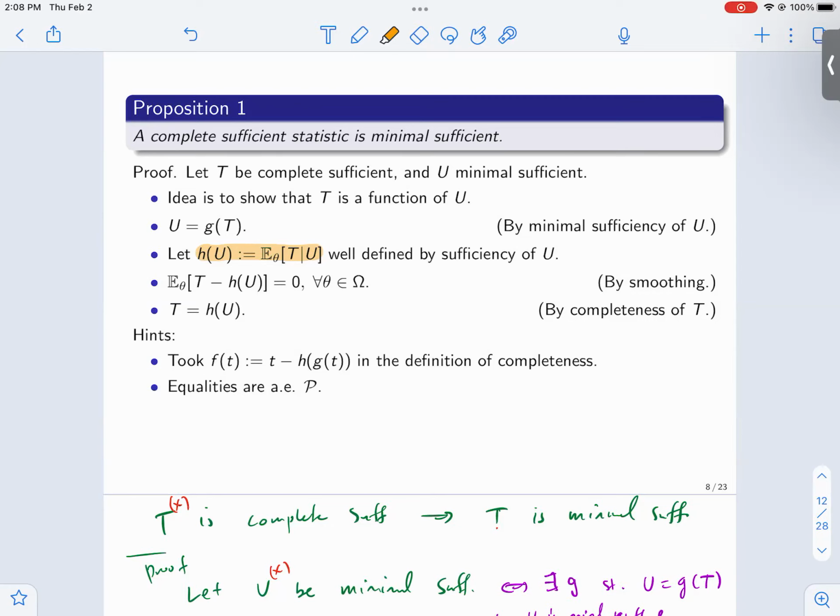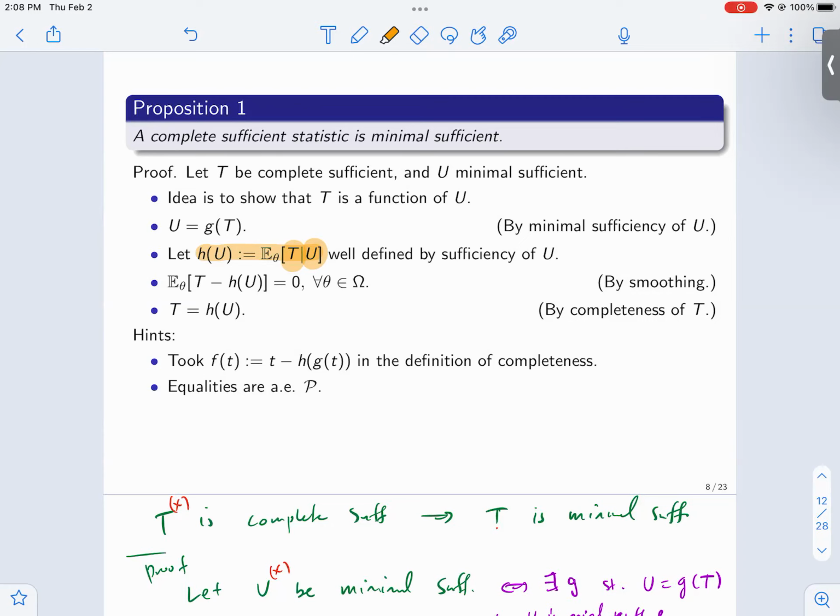So if I have u sufficient, and I condition some other statistic t on u, this is a valid statistic, which means it's just a function of data, not the parameter. It doesn't depend on theta. So why was that? See if you follow. U is sufficient, t is a generic statistic. This conditional expectation does not depend on theta. When I say well defined by sufficiency, it means it does not depend on theta. A statistic is by definition something that only depends on the data.